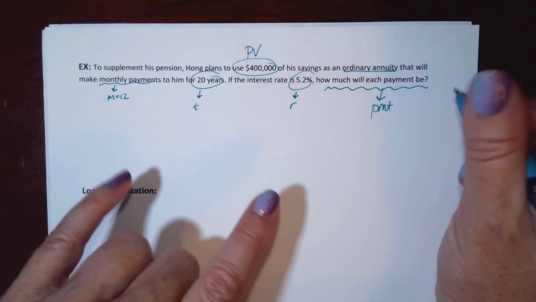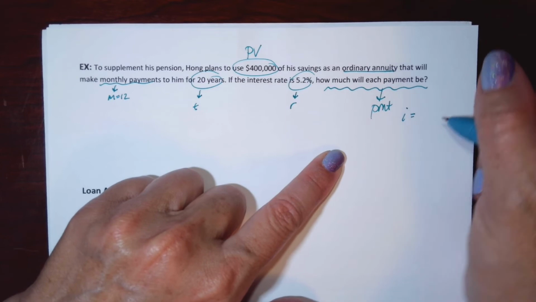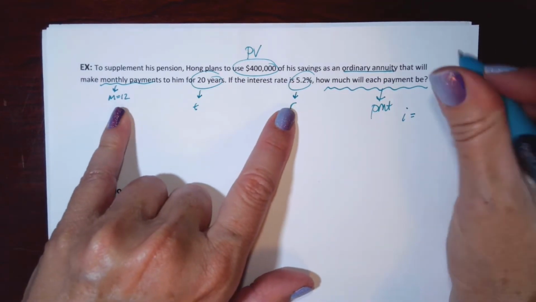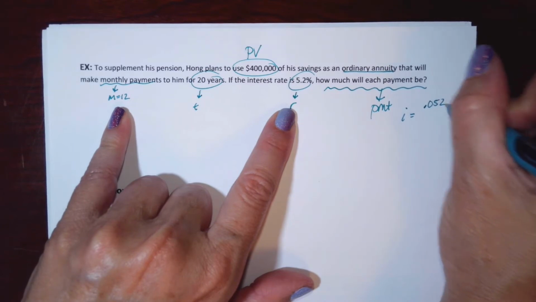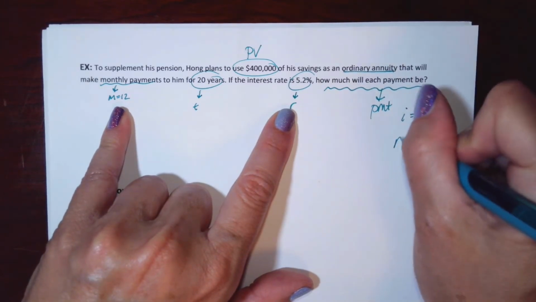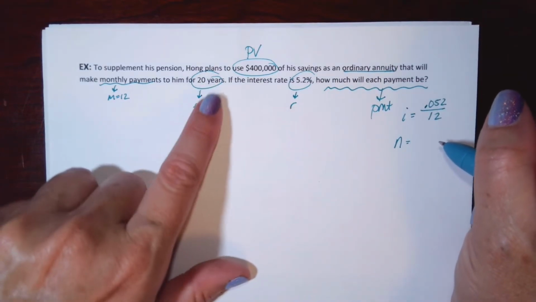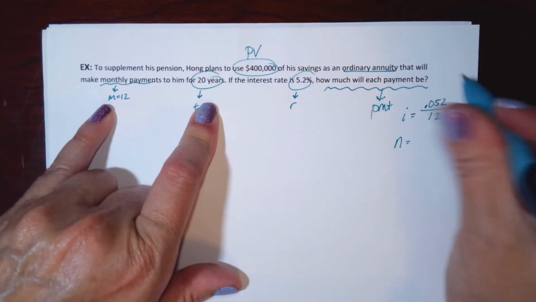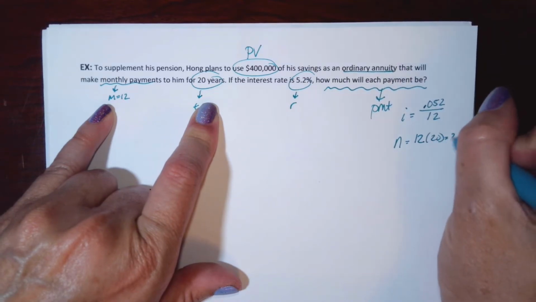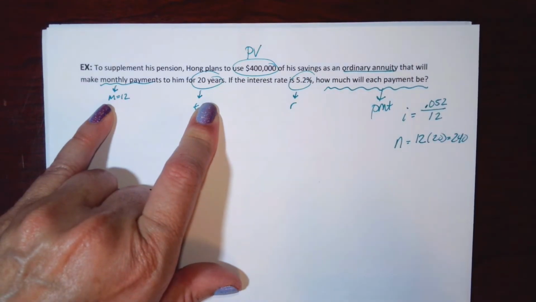Well, my value I is the rate per payment compounding period, so 0.052 over 12. N is going to be the time times the compounding period, so 12 times 20. So N is going to be 240.